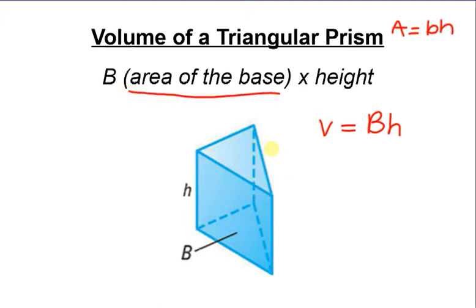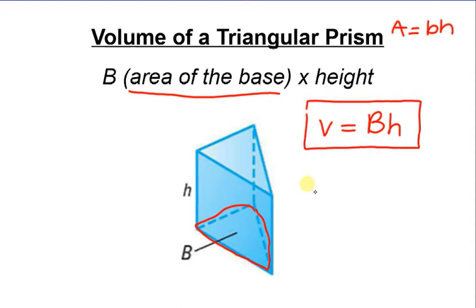Okay, so we know that with a triangular prism, the base is one of the two triangles, and it doesn't matter which one you use. So this big B actually stands for the area of this whole base. So we write the formula like this, but we can also write the formula like this.